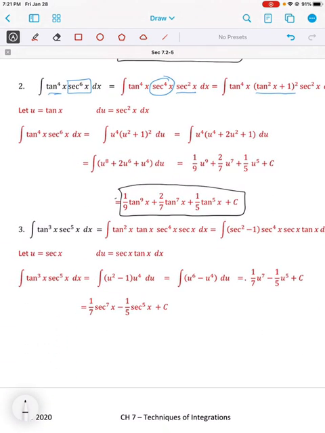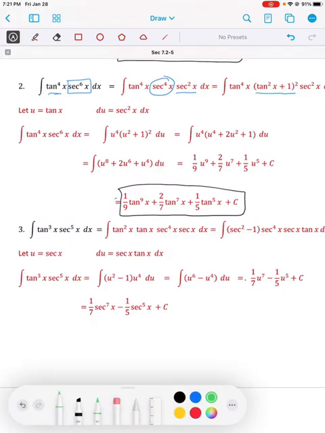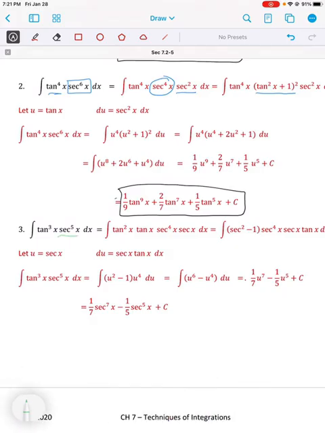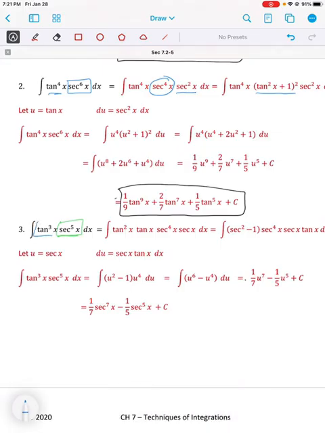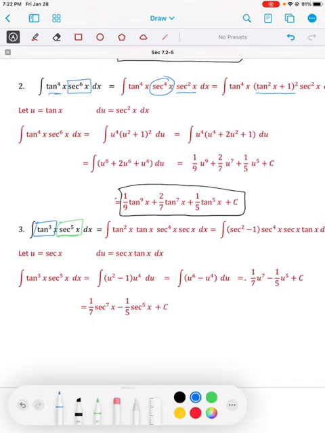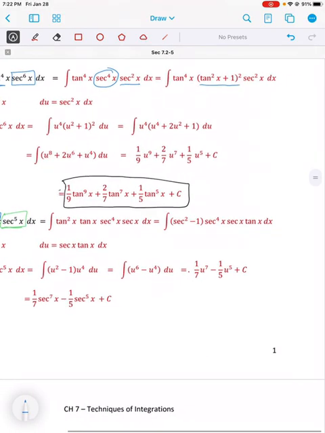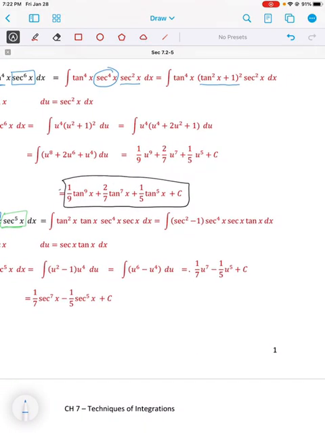Next example is different, because now note that the power of secant is odd. So it has changed now. The power of secant is odd, and the power of tangent is odd as well. So this is the difference. The powers of secant and tangent are both odd. In such a case, we have to recall that the derivative of secant is secant times tangent.